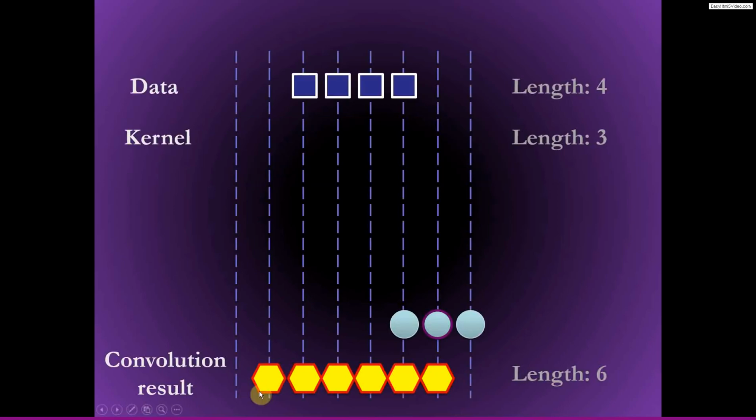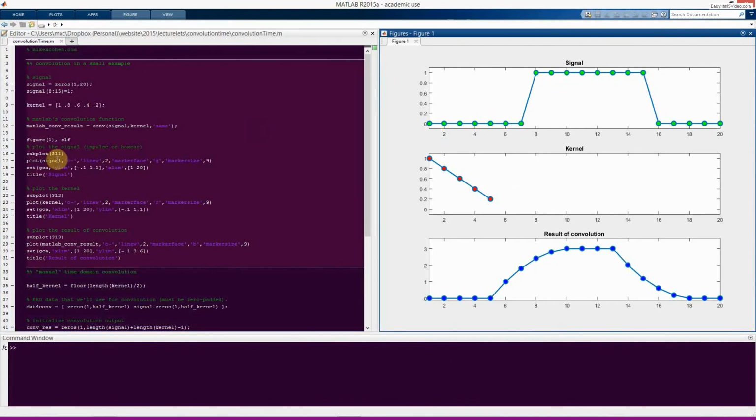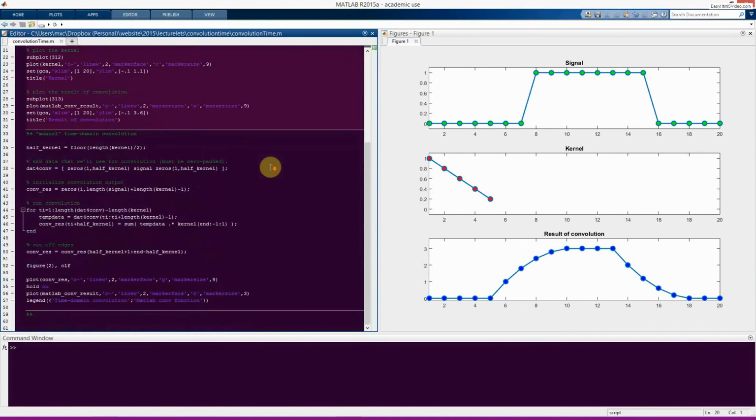That means MATLAB is going to be cutting off the beginning and the end for us, so we don't need to do that ourselves. Okay, so here we are plotting the signal, plotting the kernel, and plotting the result of convolution using the MATLAB function conv. This is just the same thing that I showed in the PowerPoint slide.